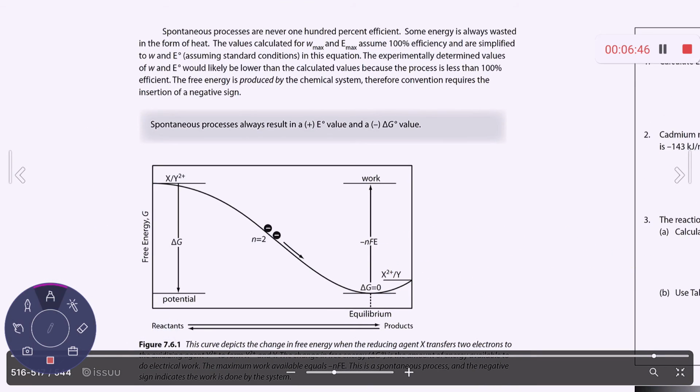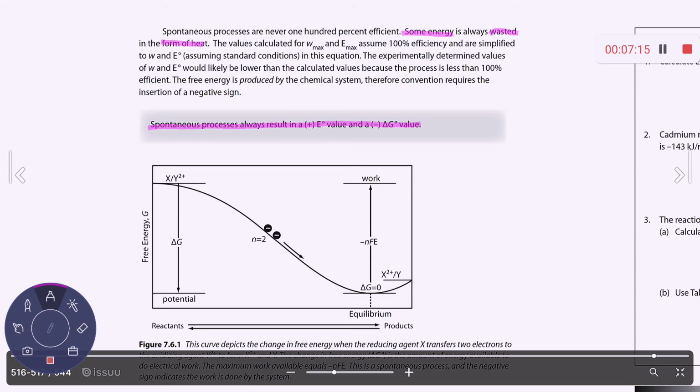Just because it's spontaneous doesn't mean that it's going to be 100% efficient. So some energy is going to be lost as heat. And so some of your experimental values might be different than theoretical values, but generally speaking, spontaneous processes will always result in a positive E and a negative G.